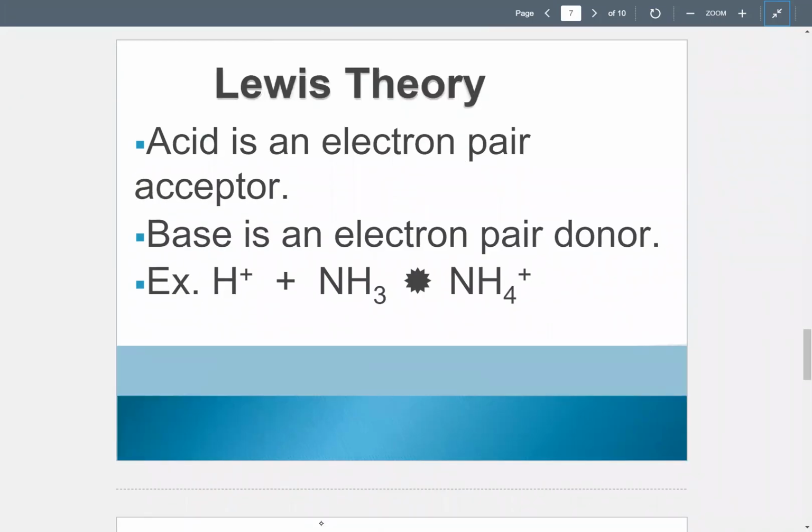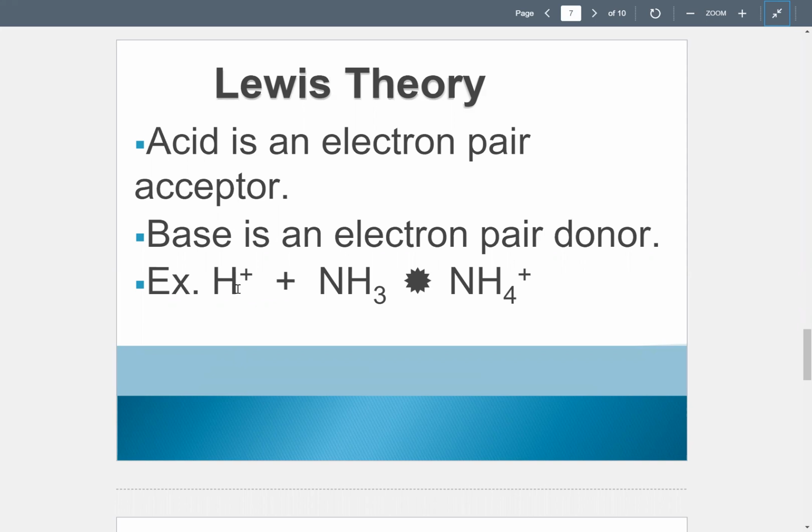They may not even have hydroxide, and that is the Lewis theory. Lewis is Lewis dot structure, same guy. He comes up with electron pair acceptor, electron pair donor, and as you can see, they use the ammonia as an example of this.